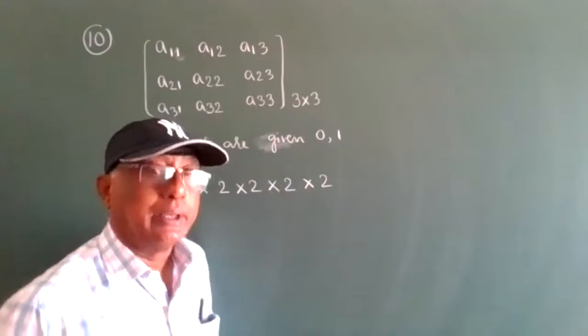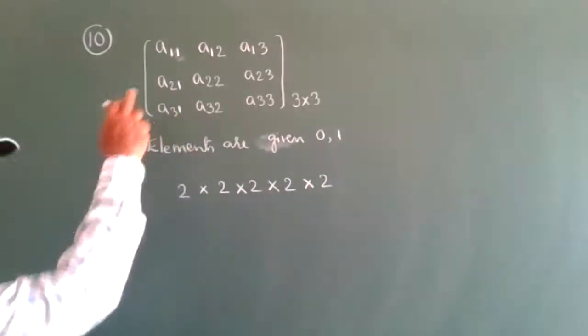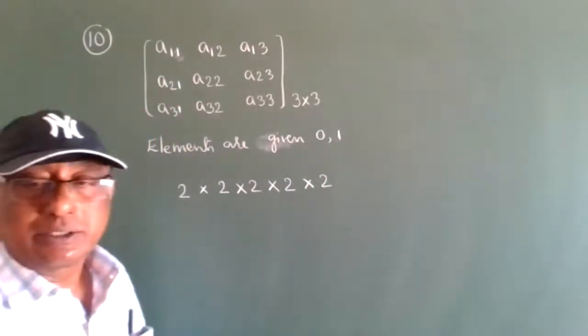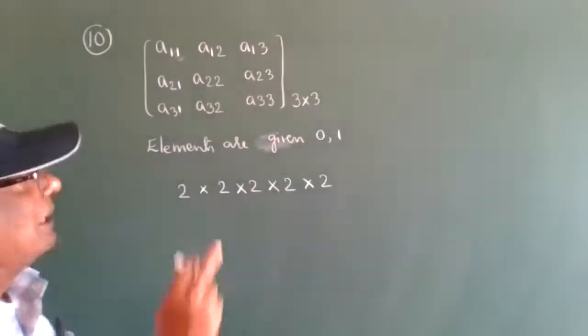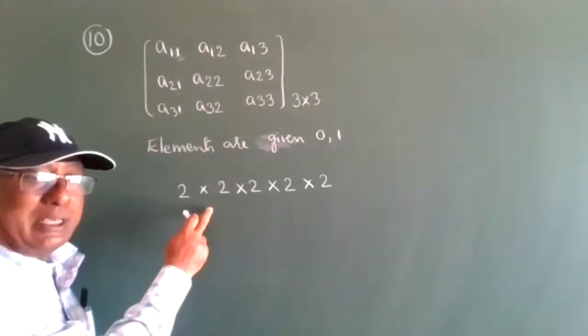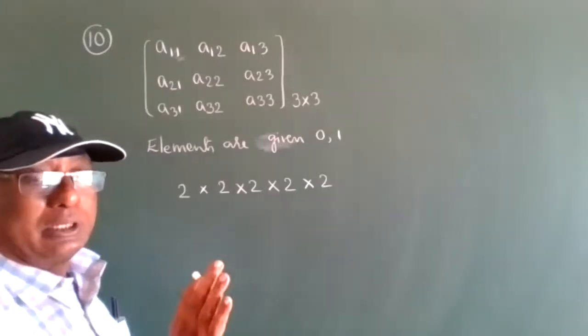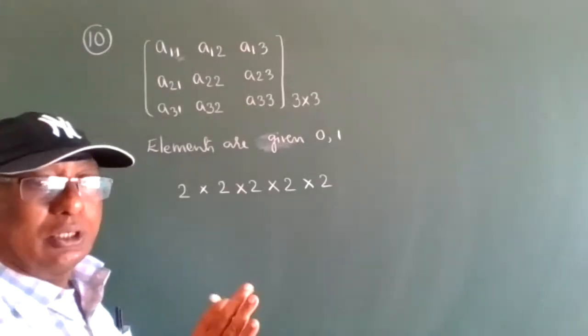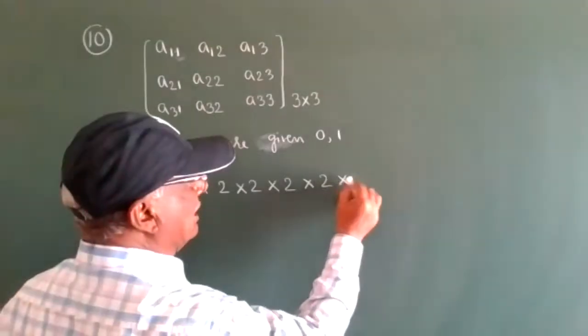Yes sir, clear. See, by the permutation and combination of the first year, the first place has two chances, and it means multiplication. The second place has two chances, either 0 or 1; we can put 0 or 1. The third, fourth, fifth and sixth places also have two chances.